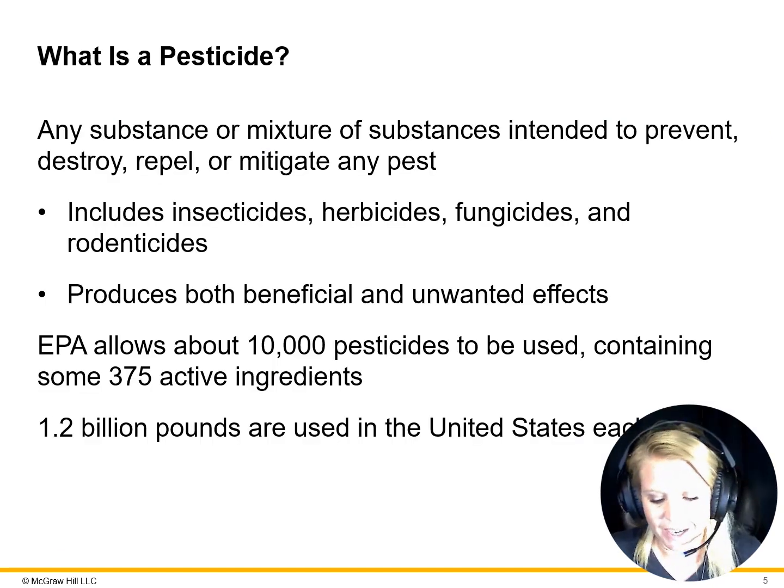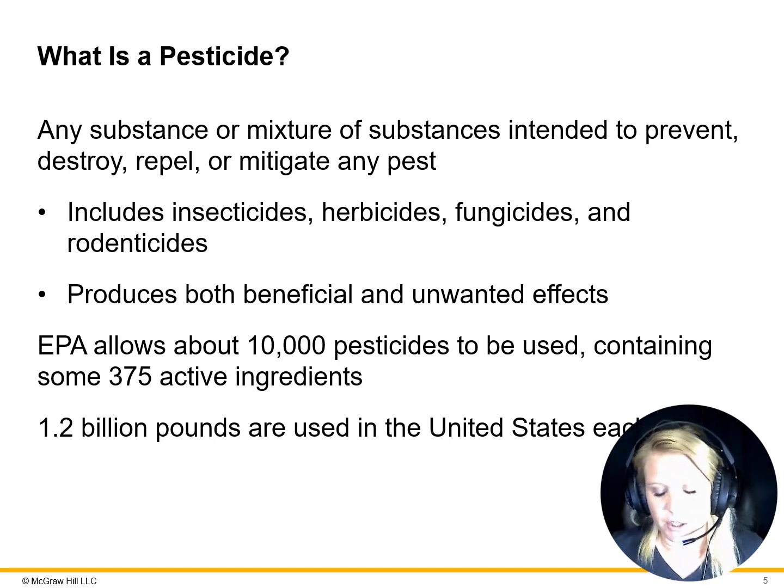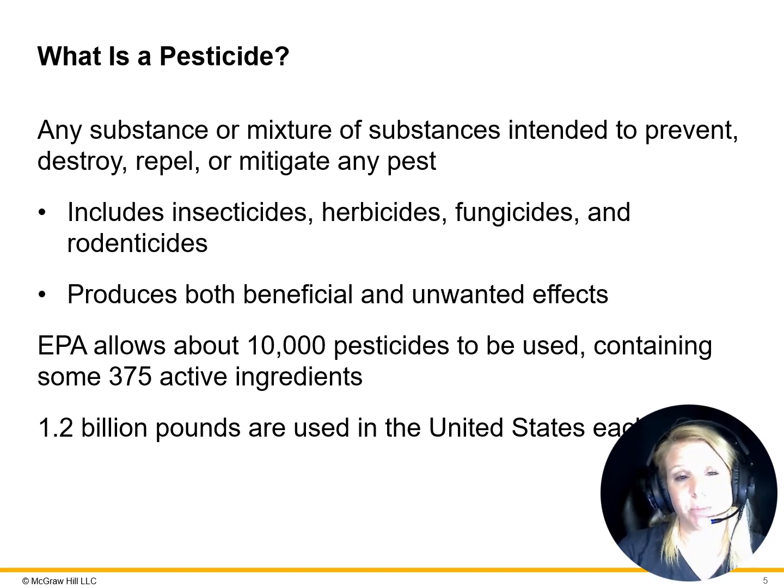I have already defined what a pesticide is, but it can be anything that helps to prevent pest damage. So it could be an insecticide, fungicide, herbicide, etc., but they all target a specific type of organism. And so just because something kills a weed does not mean it will harm the human being. So it is species specific.